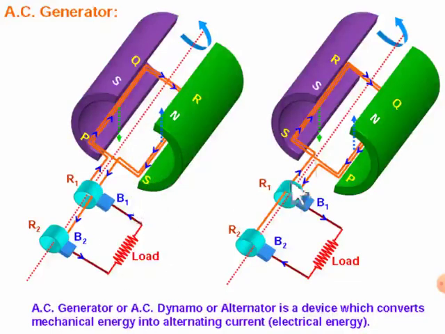So this is the cross-sectional diagram, or circuit diagram, you can say, of the AC generator. The AC generator may also be called an AC dynamo, or alternator. Why? Because in the case of AC, the direction of the current changes after a definite interval of time. As per definition, AC current is that type of current which changes its magnitude continuously and reverses its direction periodically.